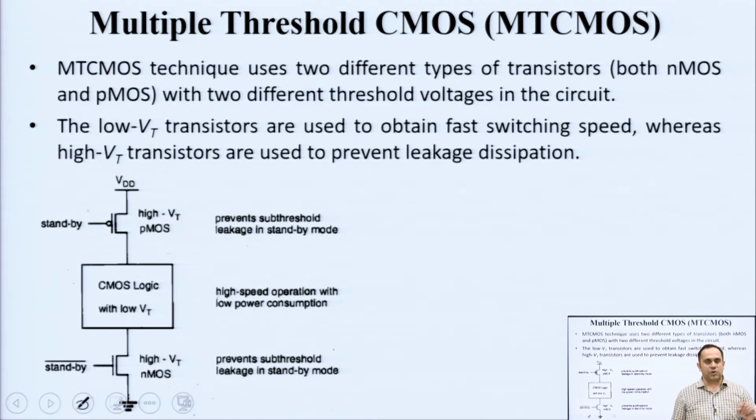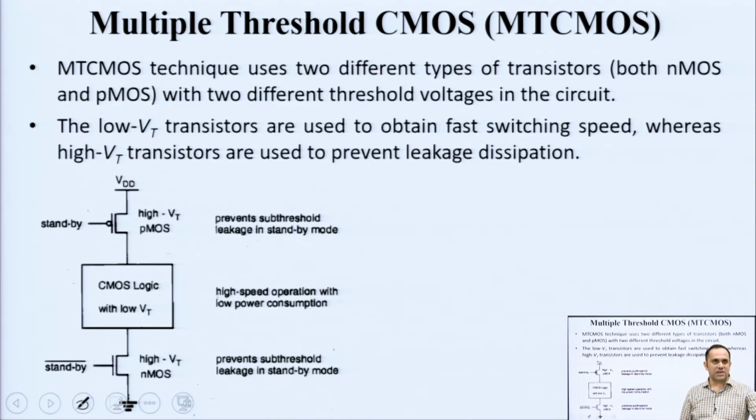When your low VT device circuit is not performing anything, if there is any charge loss or any subthreshold current flowing through these devices, that current cannot get connected to the power supply or discharge to the ground, because they are shielded by these high threshold voltage devices. So, this does not turn on during standby.